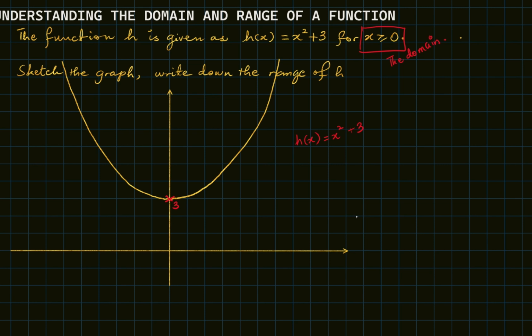So if we are going to determine the range of this graph, naturally, we cannot have the negative part here, so we would have to delete it. And the reason is because we are not going to be able to use any value of x here because x cannot be negative.